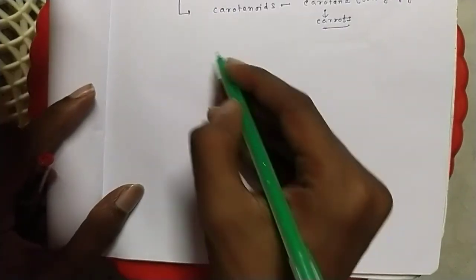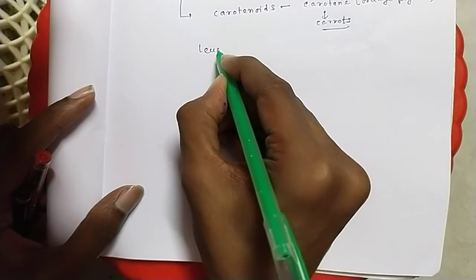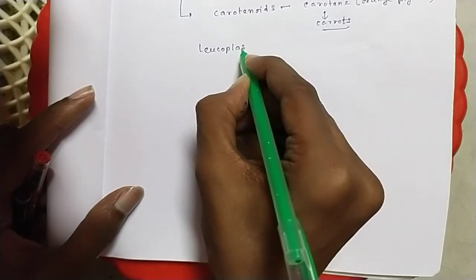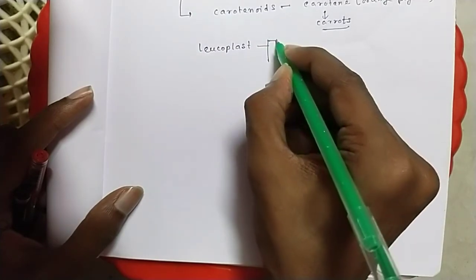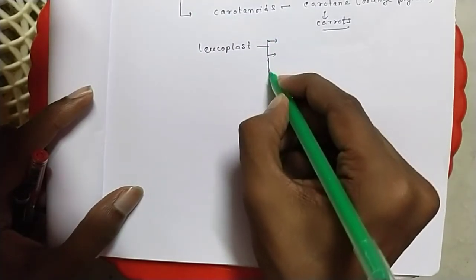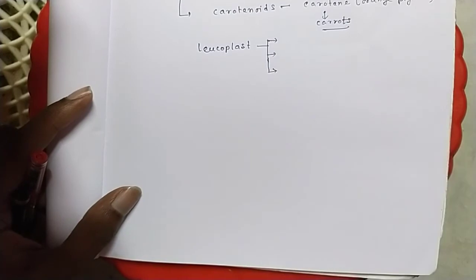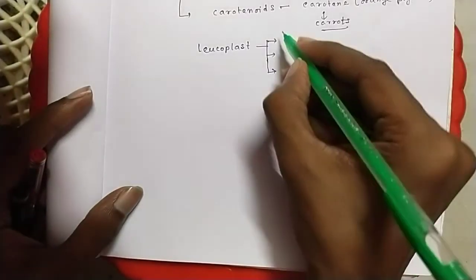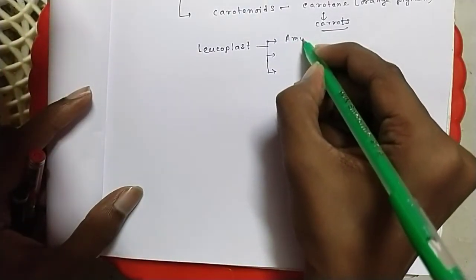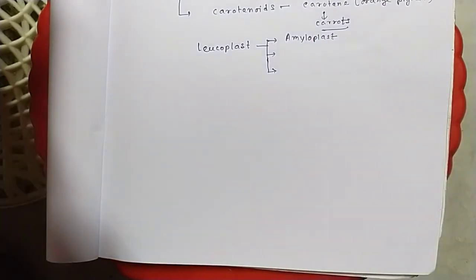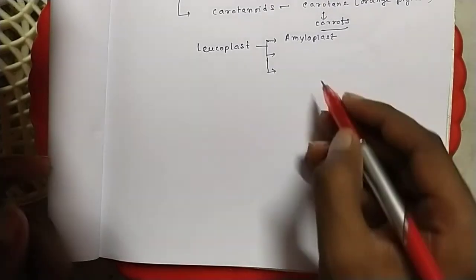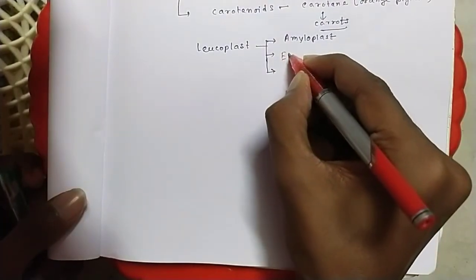It has very important functions within the cells. Let us write here. Leucoplasts can be categorized into three categories. One is amyloplast. Number two is elaioplast.